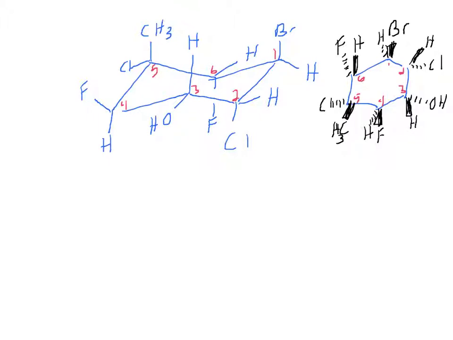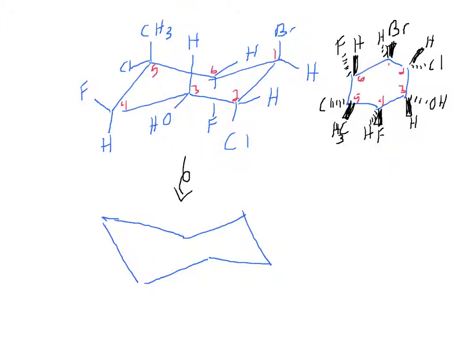So let's try a ring flip now, and then we'll judge to see which conformation was lower in energy. So what happens on a ring flip, right? Carbon 1 here, the head, got pulled down and became the footrest, and the footrest became the headrest.